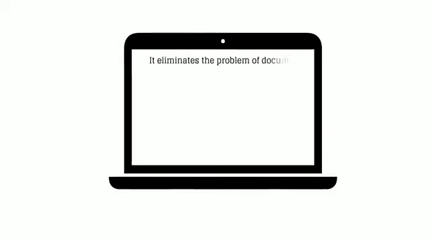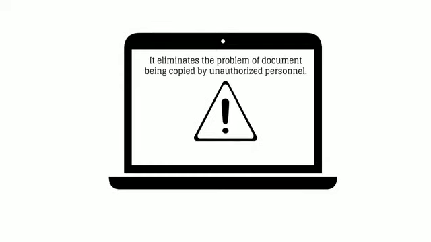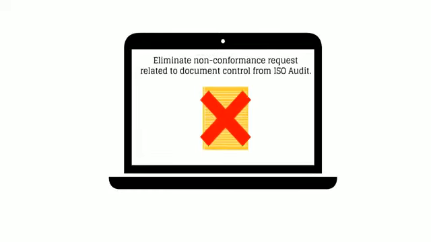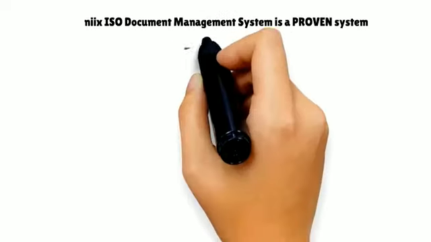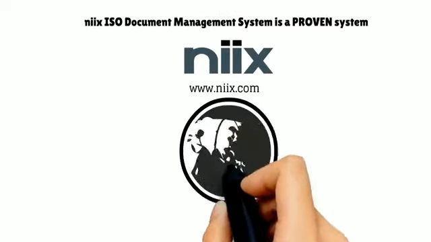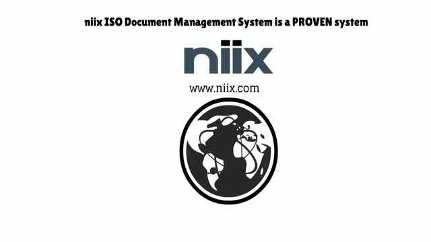It eliminates the problem of documents being copied by unauthorized personnel. Eliminate delay and hassle from the documentation control. Eliminate non-conformance requests related to document control from ISO audit. Most importantly, NIIX ISO Document Management System is a proven system and has been widely accepted for ISO audit by various ISO certification bodies worldwide.